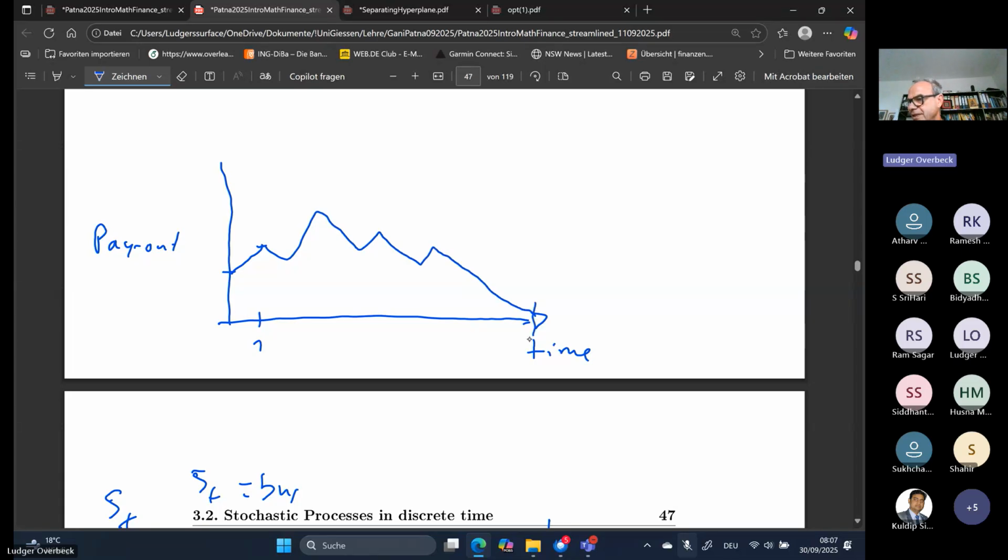At time t, what do you want to do? You want, on this path, we don't know it yet, but let's assume we have a path of a payout, you want to figure out this point.